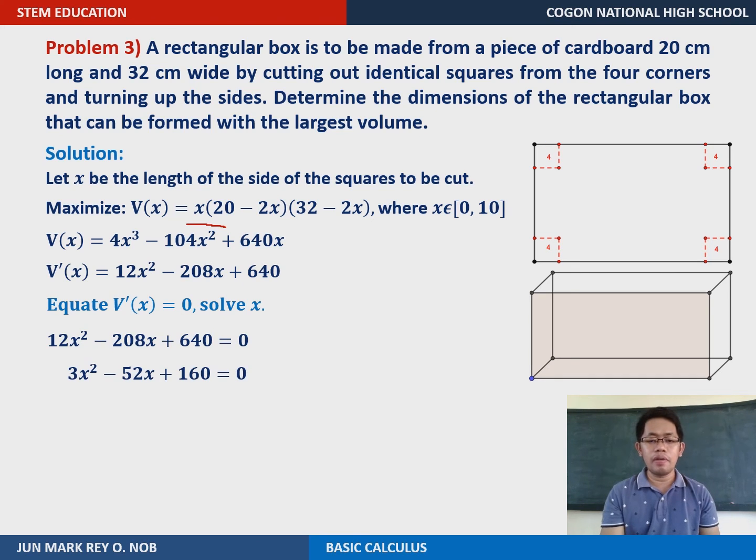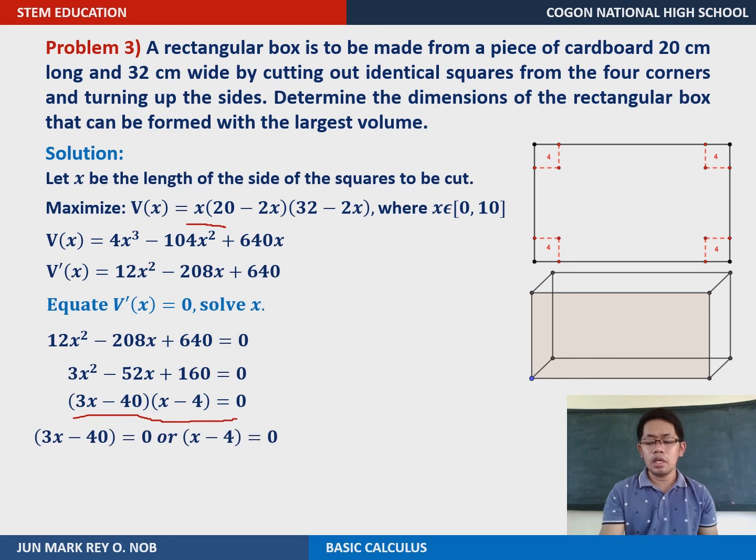Actually, we can divide 4 both sides, so we come up with 3x squared minus 52x plus 160, and this is now factorable. The product of the quantities 3x minus 40 and x minus 4. Of course, this equation right here is only true whenever 3x minus 40 is equal to 0 or x minus 4 equal to 0.